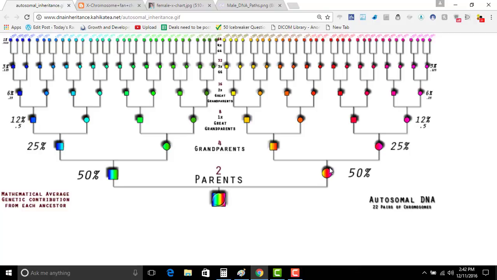Now you have a 25% German, a 25% Native American, down here. Well, then this is going to break this down even farther.